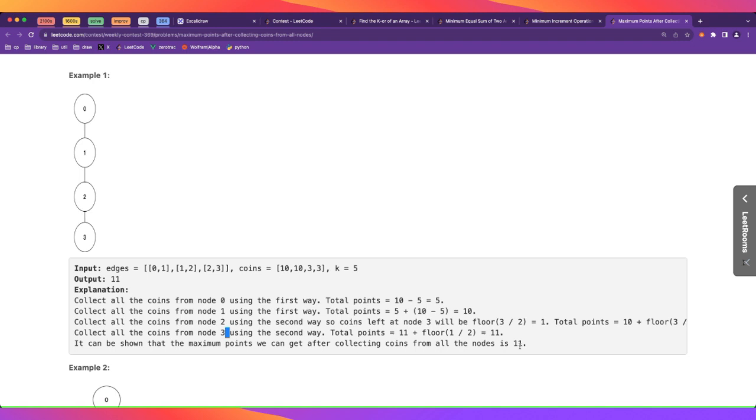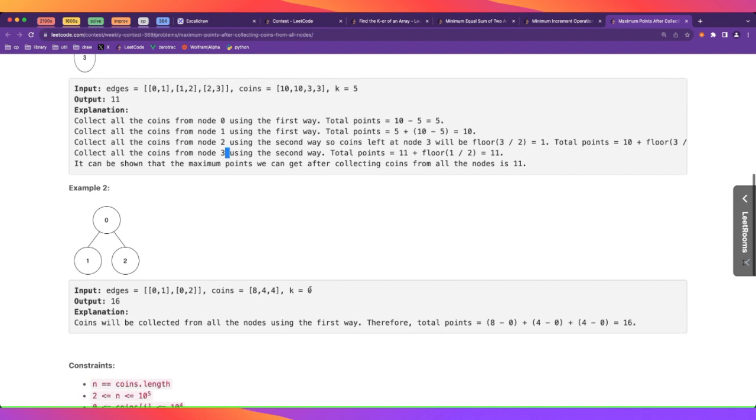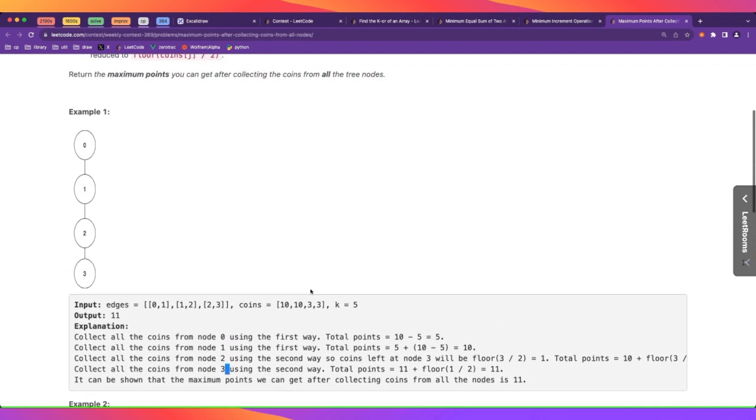And that's the optimal. So this is similar to what we did before. At each point you have 2 choices. You use the first way or the second way. And so by using dynamic programming, you can try both and see which one is better.